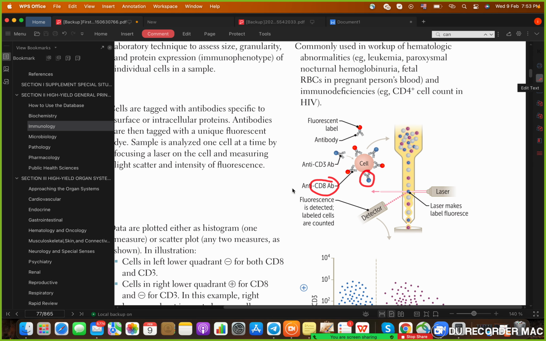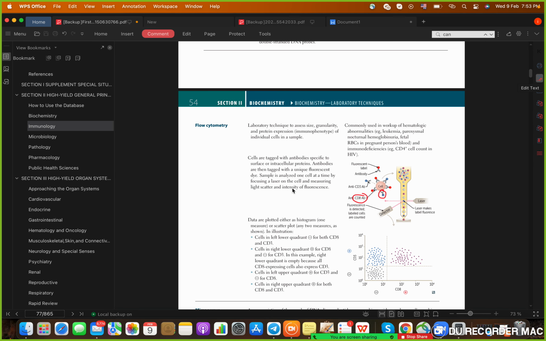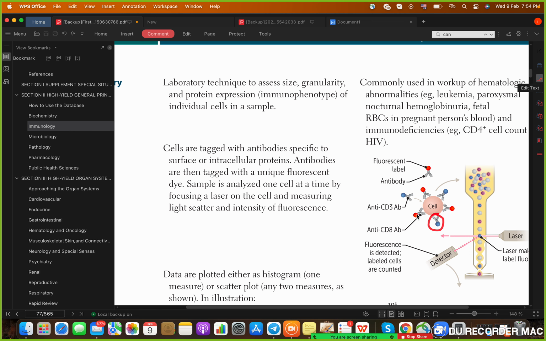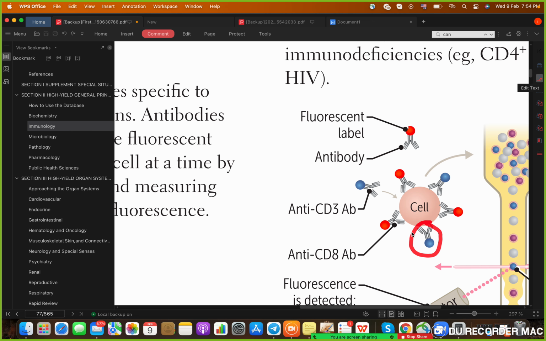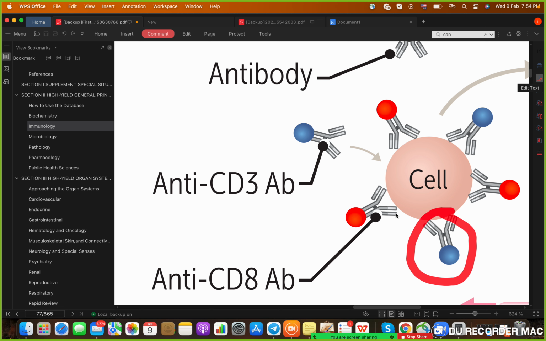So remember, guys, all of the T cells are CD3 positive. But from the T cells, we have CD8 positive and a different CD4 positive. But in general, both of them are CD3 positive. So we can make an antibody against that to show us which cell is what. On the antibody, this is the epitope, which can attach to the CD8.